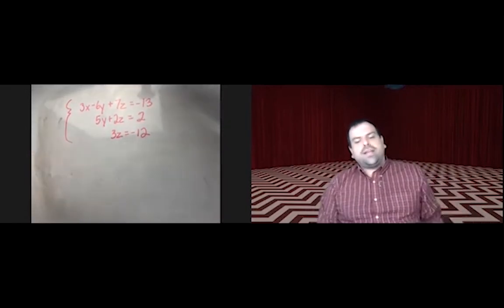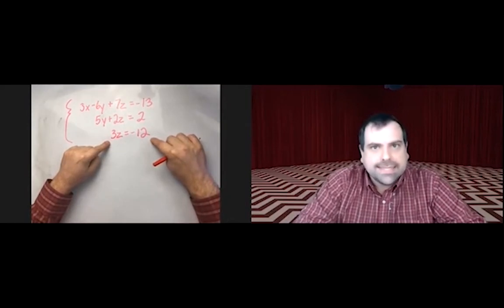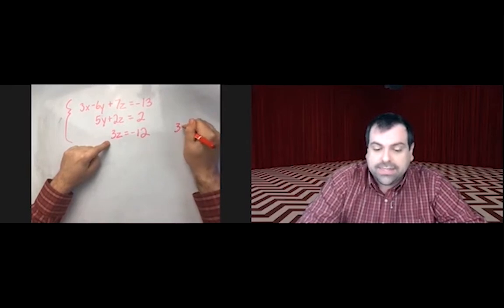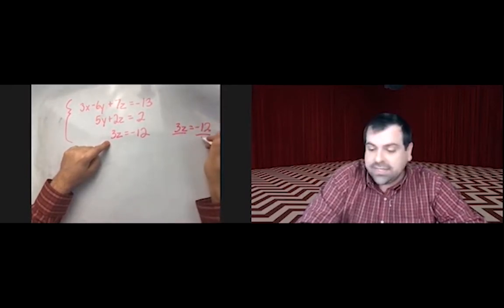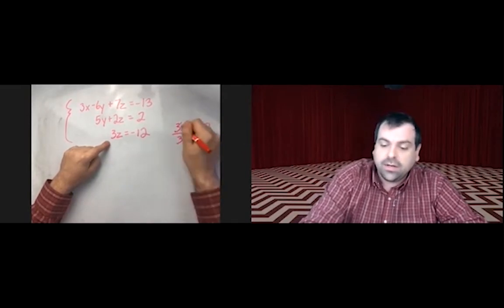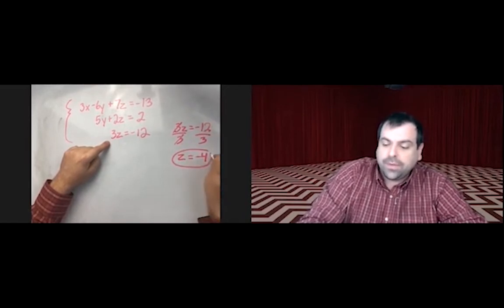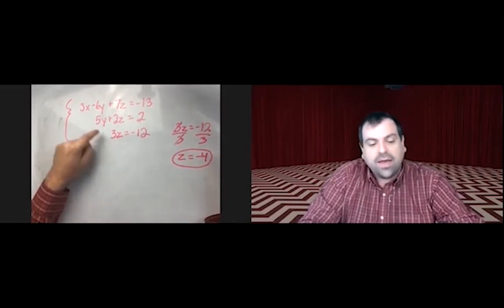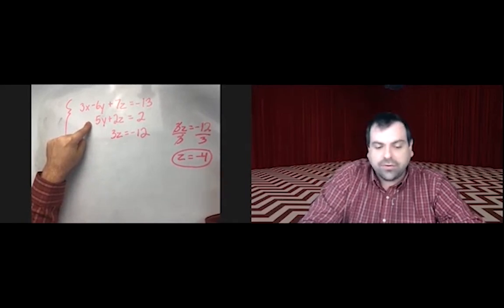Well, notice when it's set up like this, the third equation we can easily solve and get z right away. If 3z equals -12, then when we divide both sides by 3, we get z equals -4. And now that we know that, we can go to this one, plug in z equals -4, and easily solve for y.